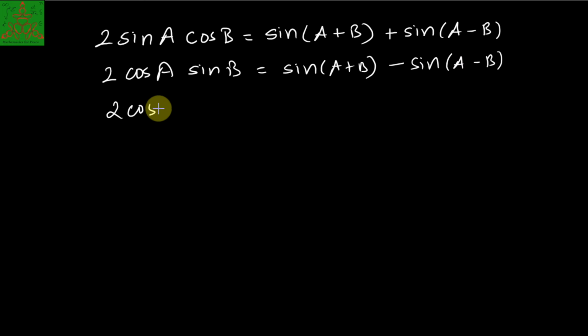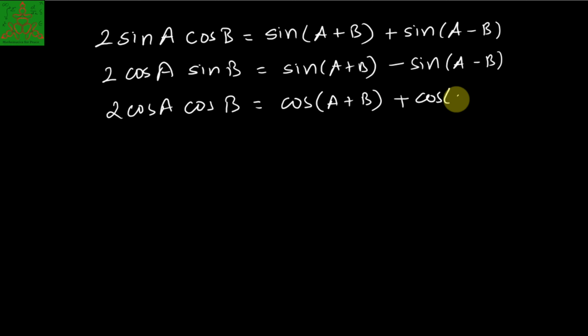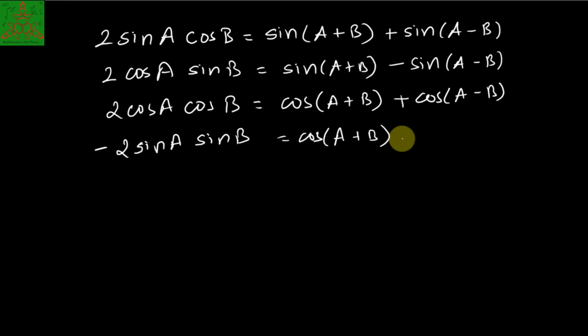then 2 cos A cos B will be cos(A plus B) plus cos(A minus B), and 2 sine A sine B, but with a minus, is cos(A minus B) minus cos(A plus B).